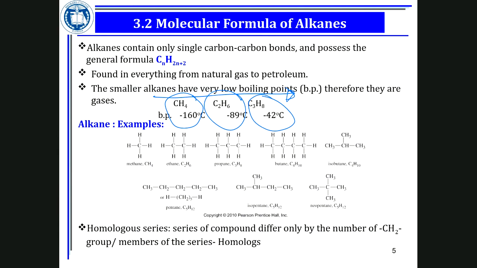So how is London dispersion affected? What are the factors that affect the magnitude of London dispersion forces? One is the size of the carbon. The greater the mass, the greater the London dispersion forces. And the secondary factor was the branches.